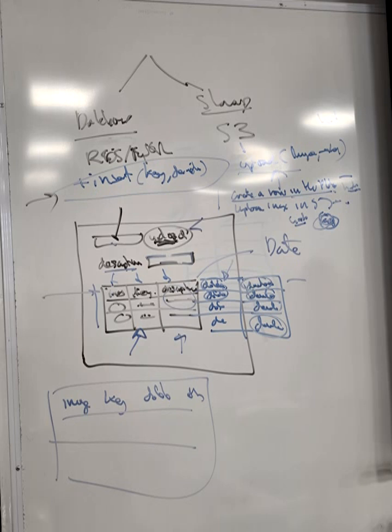Then use it as the key, because now you have a description, right? So now the name of the file is not so important to understand what the picture is, because now you have a description. So you can forget about the name of the file, which is going to cause trouble anyway. So take the name of the file, hash it. Use it as a key. Put it in your database. Put that image with that key in the S3. That's it.